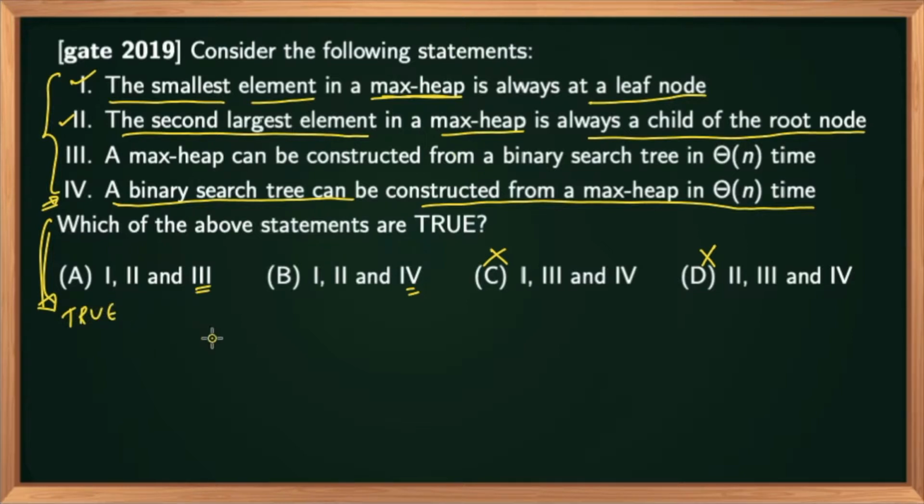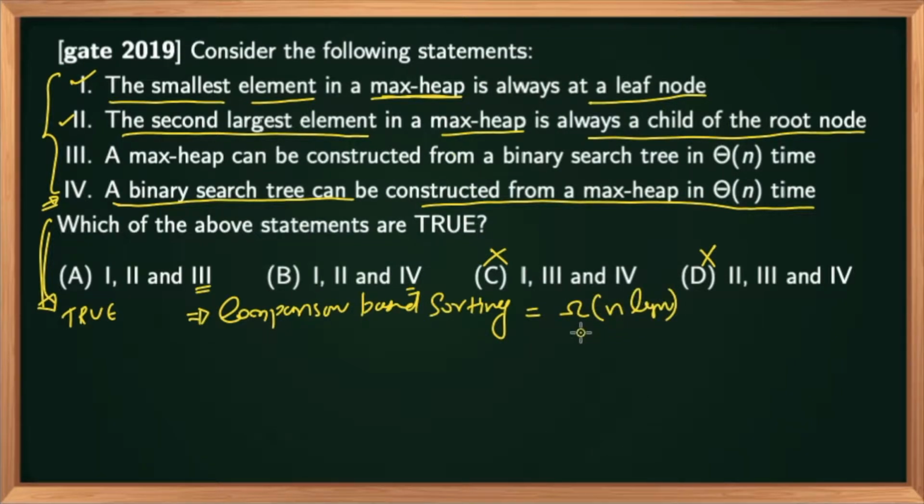Now, certain things you should understand. In comparison based sorting, the lower bound of sorting is omega of n log n, right?